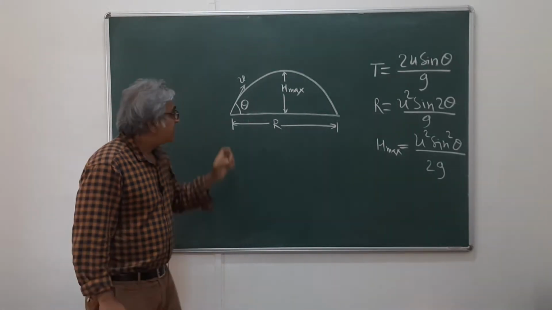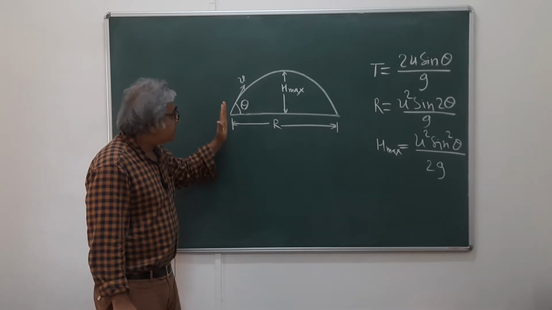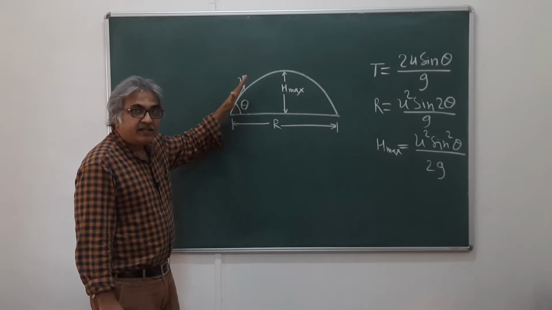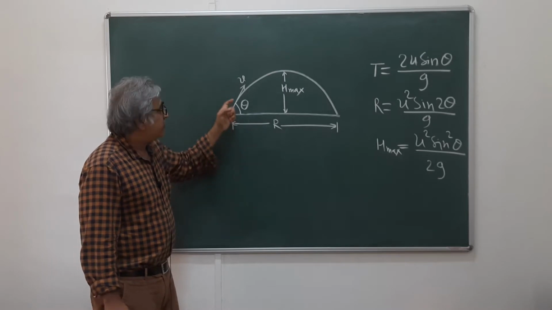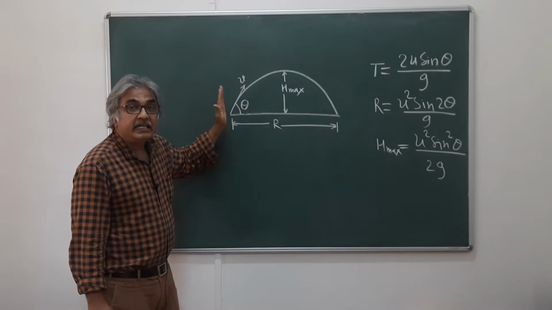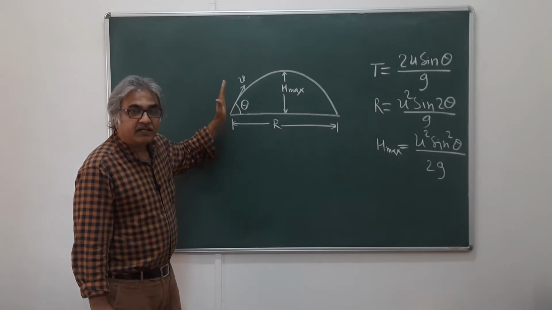What is the reason? See, in ground to ground projectile, the initial vertical velocity, you can see here, u is the velocity, the vertical component of it is u sine theta, because theta is the elevation angle. So u sine theta is the initial vertical component of the velocity, right?